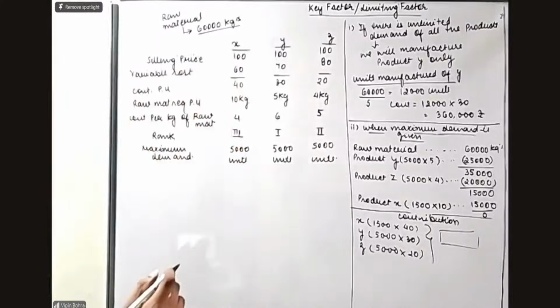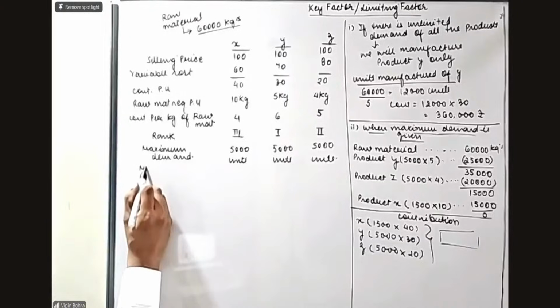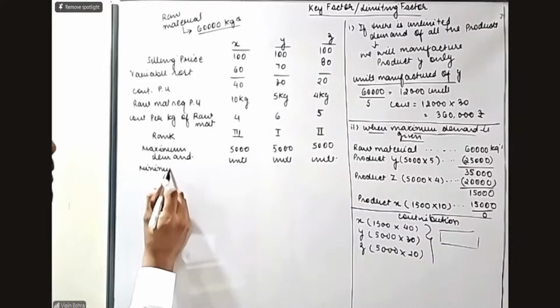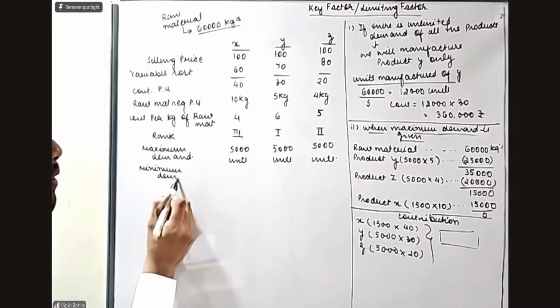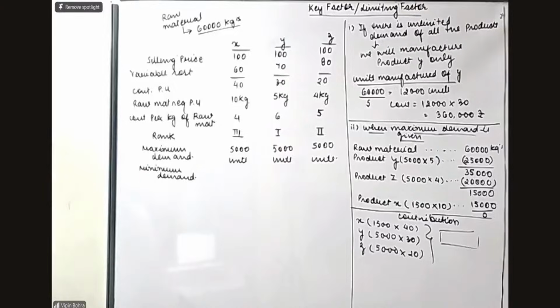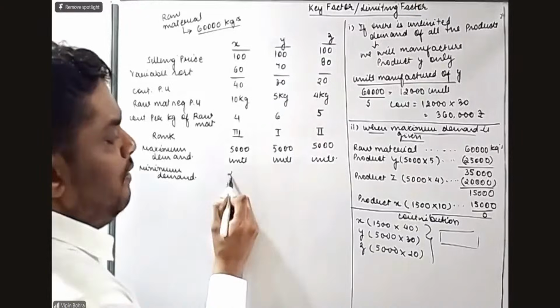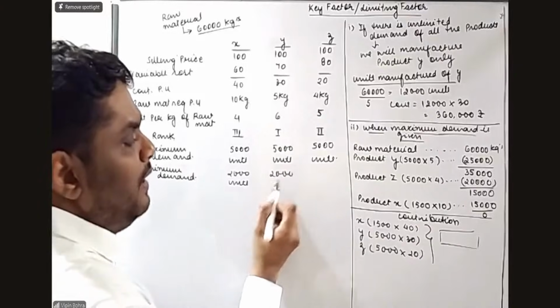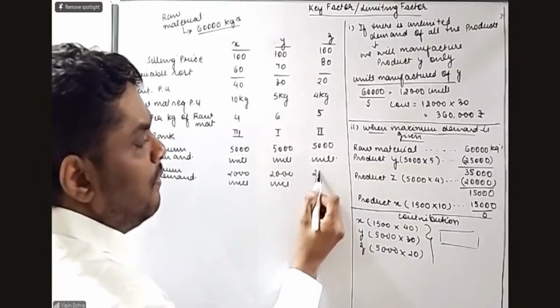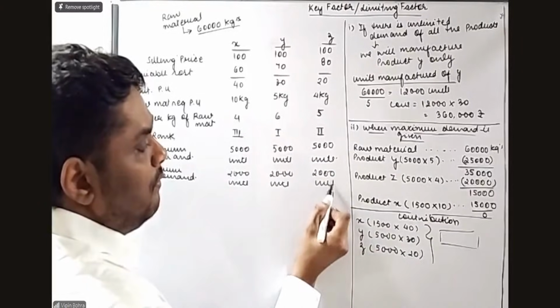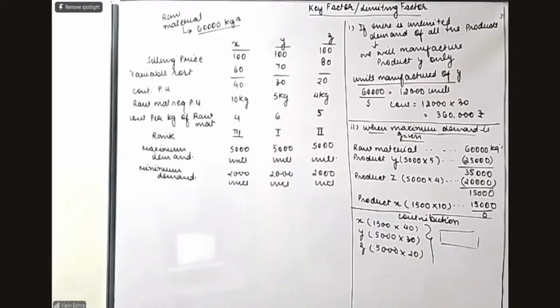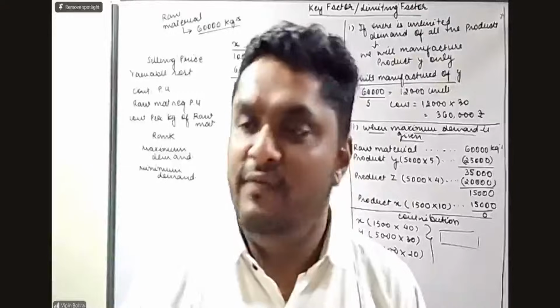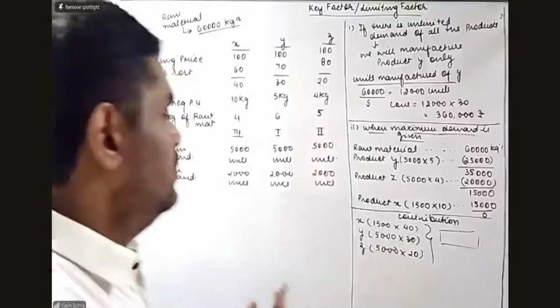Now let's take the third situation wherein minimum demand is also given in the question, that is 2,000 units of a particular product. That is, this much units we have to manufacture for every product. So no worries.